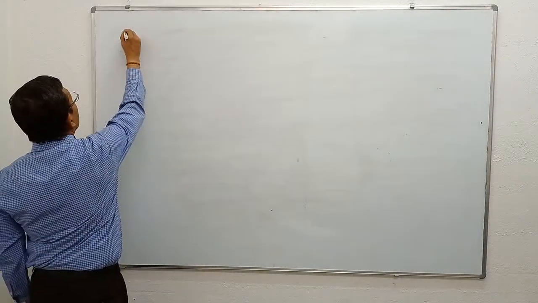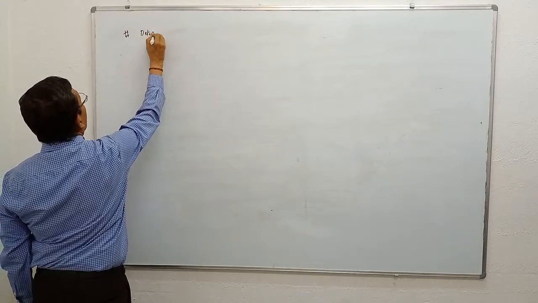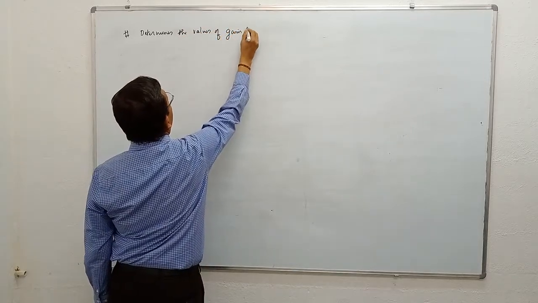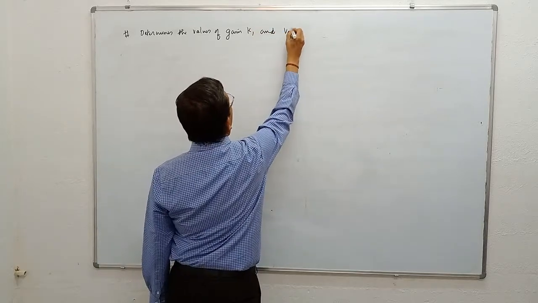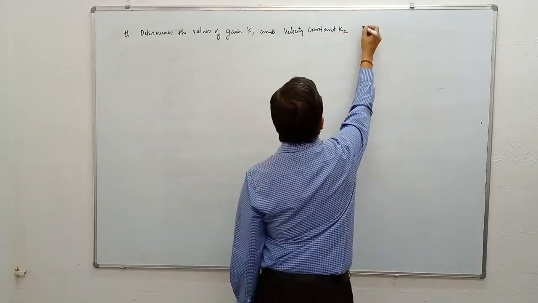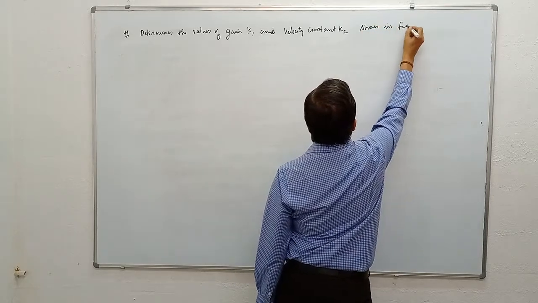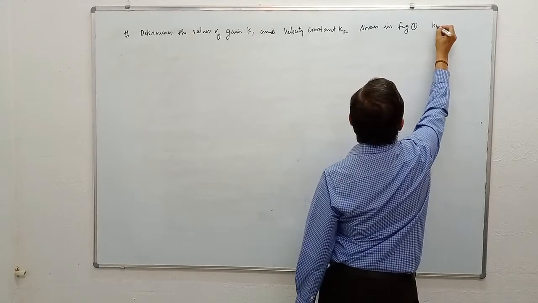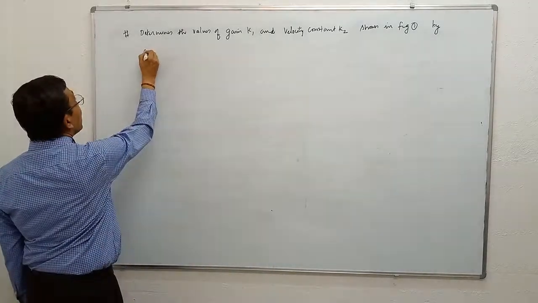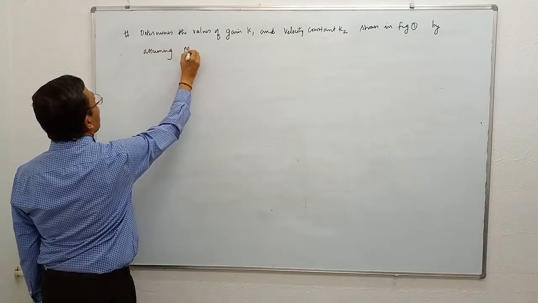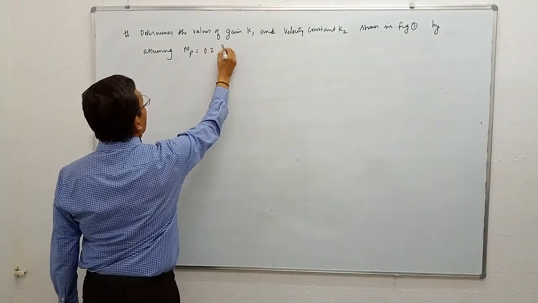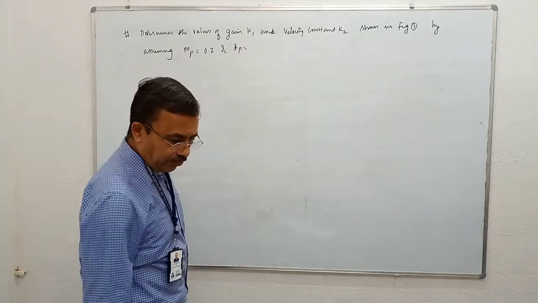Next problem. Determine the values of gain K1 and velocity constant K2 shown in figure 1 by assuming MP is equal to 0.2 and time to take TP is equal to 1 second.